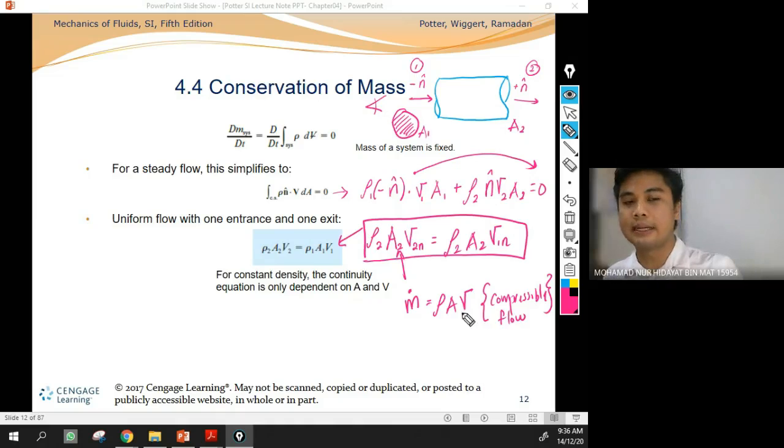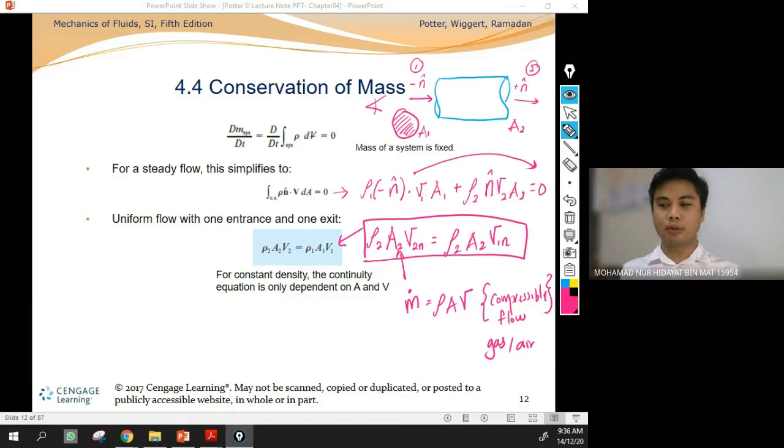What are examples of compressible flow? For example, the gas, right? Or air. All these properties we can easily compress because there is a change of density. All right, this directly relates to the gas mass flow rate.